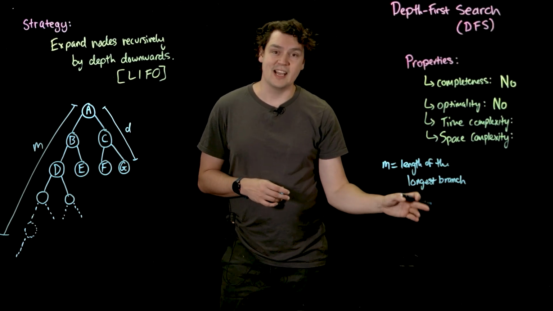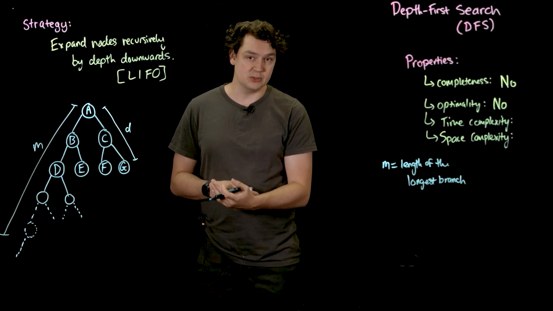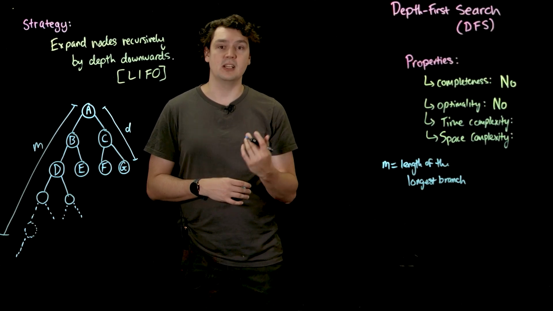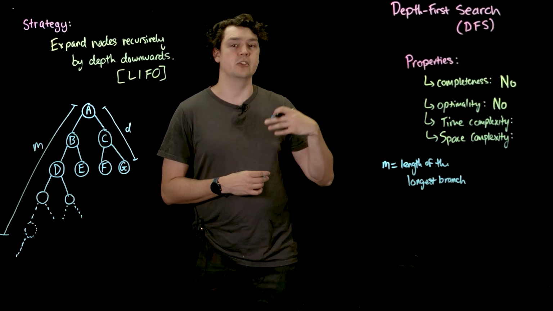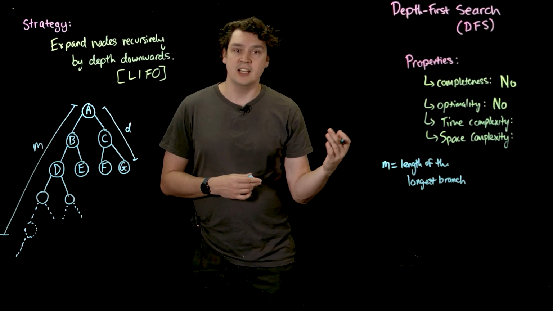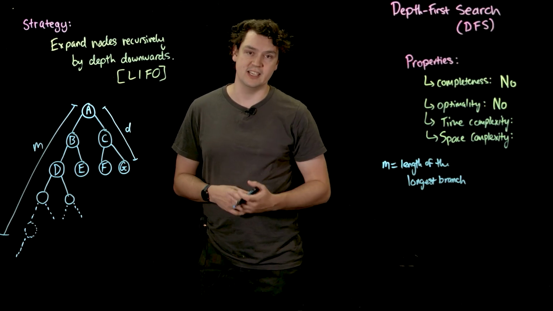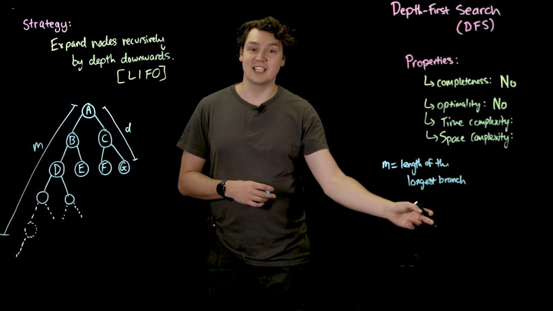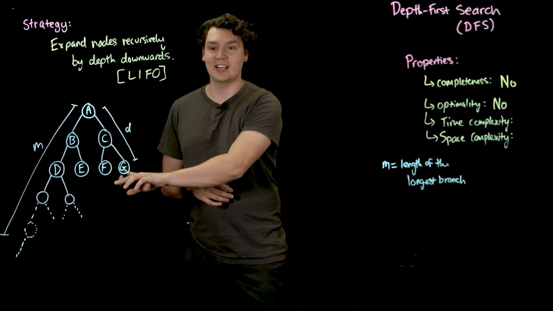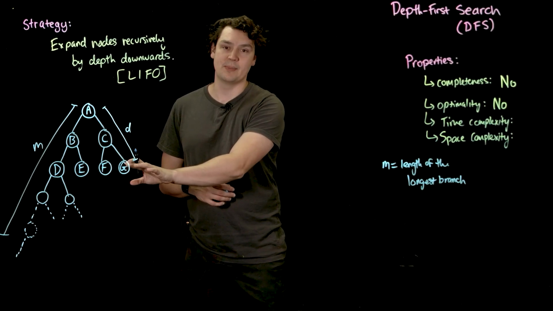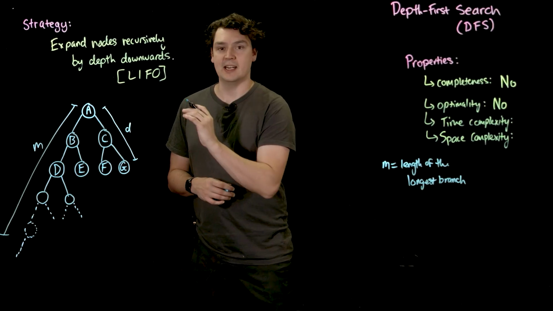So why is this important? Well, M can be dangerous. If you have cycles in your graph, or in some problems if you have some form of null operator or you're allowed to return to the same location, what can happen is that the search tree can grow infinitely downwards. And so in both of these cases, M may be infinite, which means that we would never actually be able to get back to G. We've talked about that in terms of completeness and optimality.